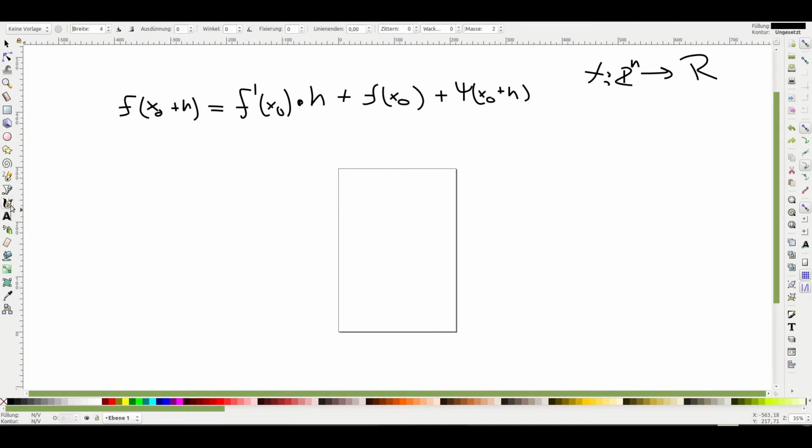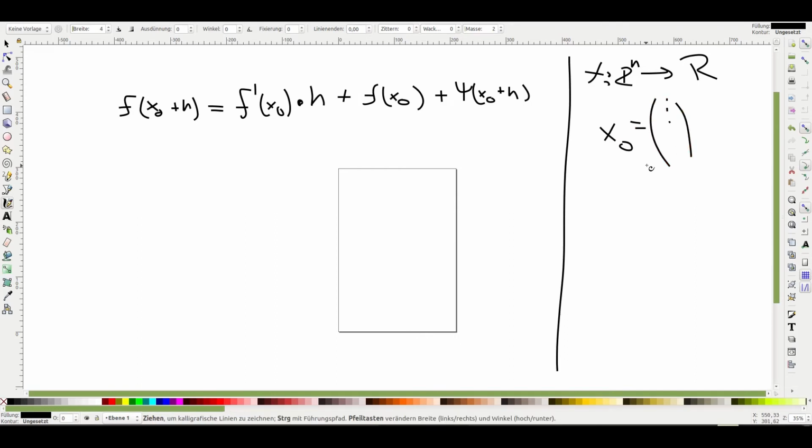Now, a function f is totally differentiable. So let's first consider we have f from R^n to R. That means x0 is some n-dimensional vector here, and h is also some n-dimensional vector here.